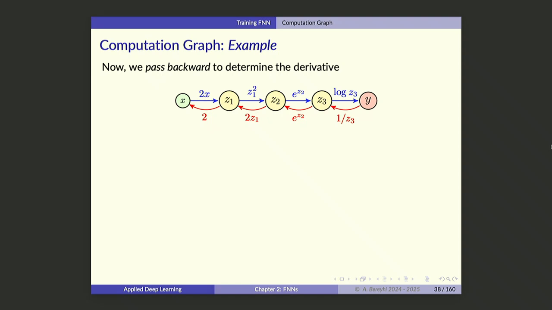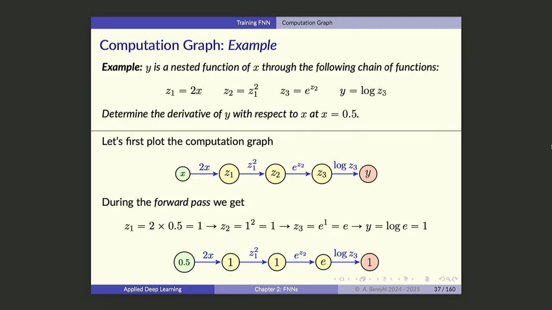You can define it on your computer. And now, how does your computer work? Your computer did this forward pass, right? So it does know what is the value of every single variable. It knows that x is now half, z1 is 1, z2 is 1, z3 is e, y is 1, right?